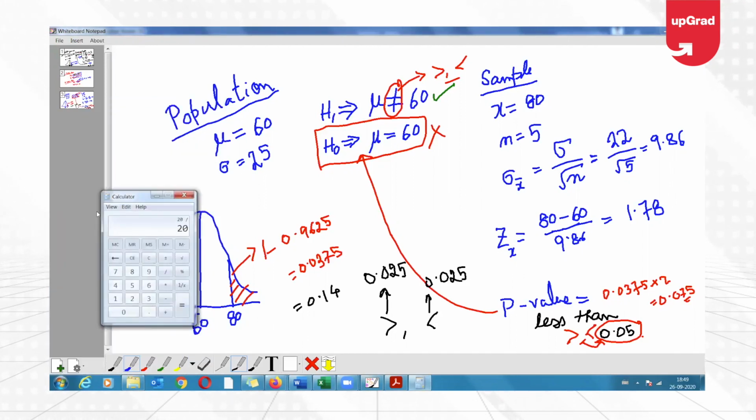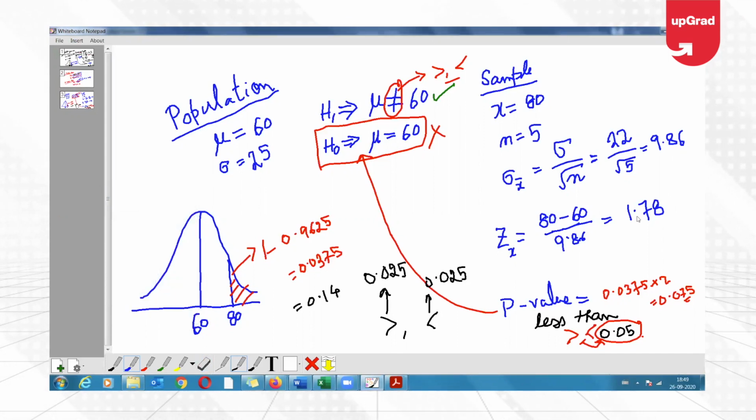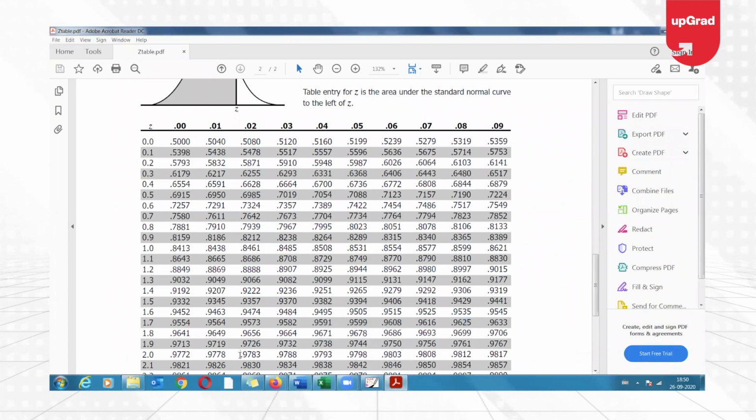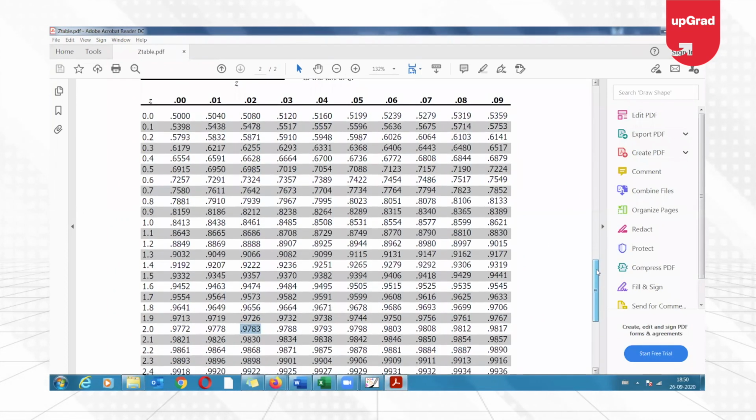So 20 divided by 9.86 is 2.02. So our Z score is 2.02. So 2.02 is 0.9783, now I can clearly say that yes, we can reject it.